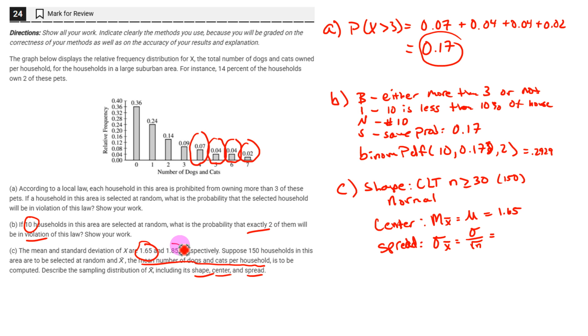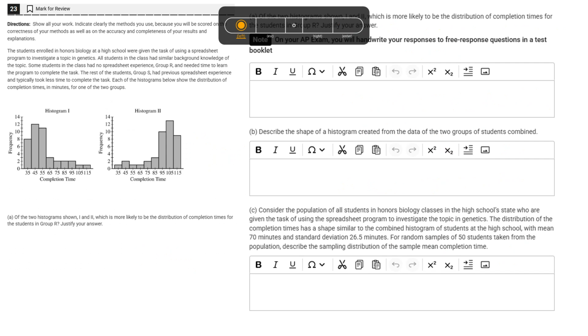So we are talking 1.851 divided by the square root of 150. And so that's going to be 0.1511. But throw that in your calculator, and that's what you get. Okay, there's 24. Let me go back to 23 real quick, because I skipped that one.